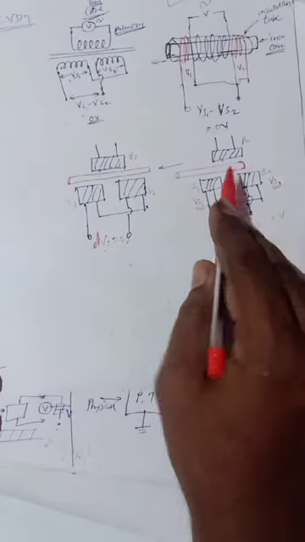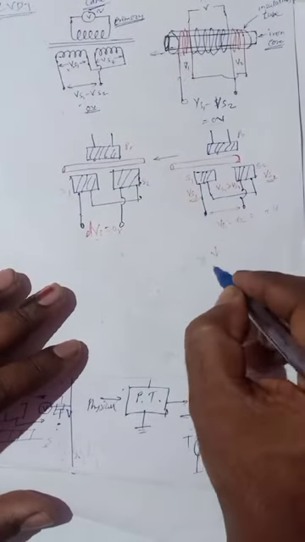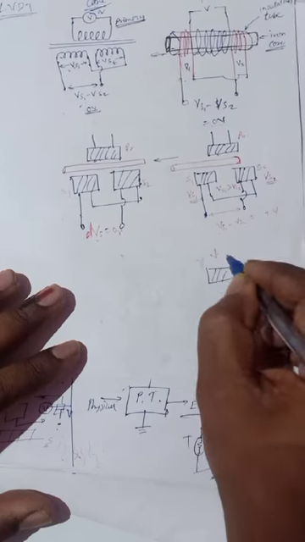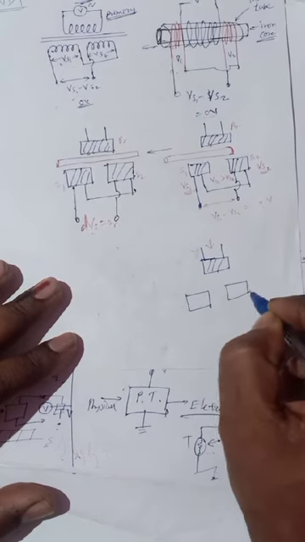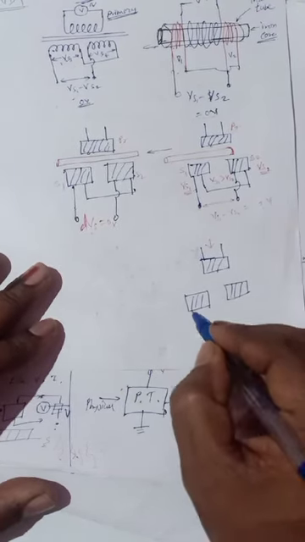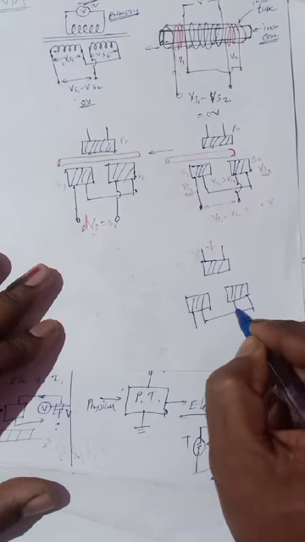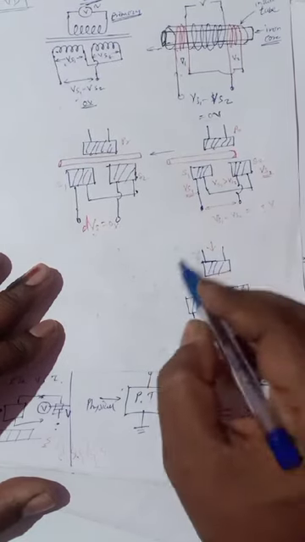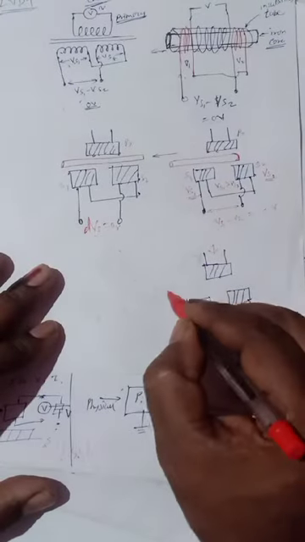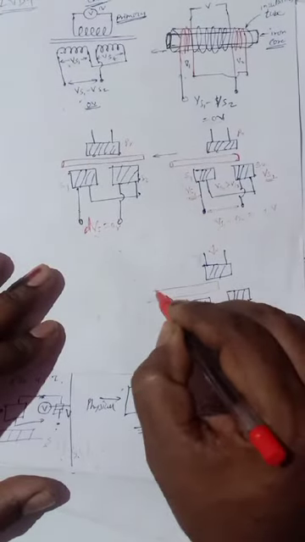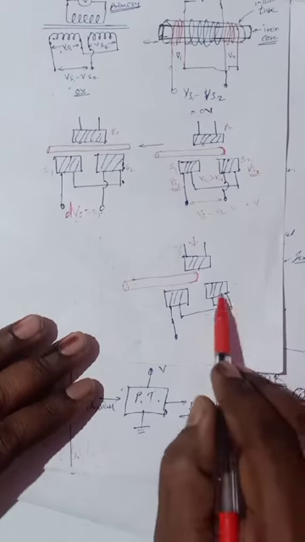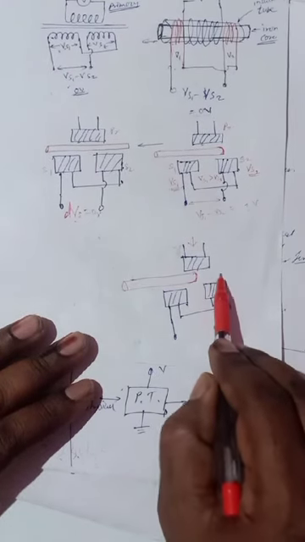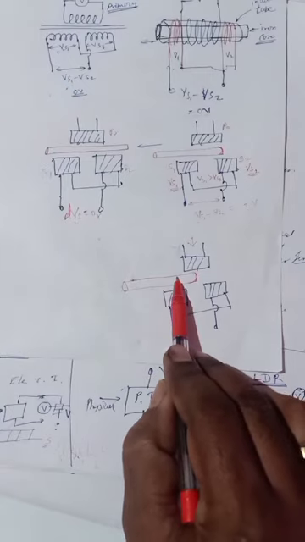Again, if we move the rod like this, consider this condition. This is the primary and two secondaries, and suppose the iron rod is in this position. That means this secondary is fully air core and this secondary is fully iron core.